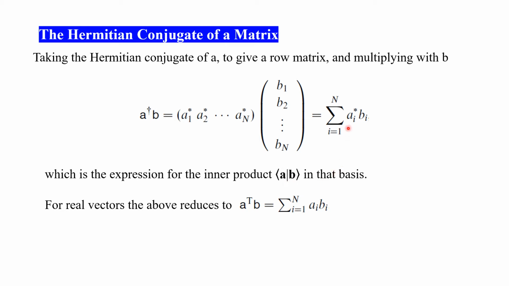And if we have real vectors, this just reduces to the sum of A_i B_i, where A is the transpose of the previous vector A, times B. Here again, this is still a row matrix, and this is a column matrix.